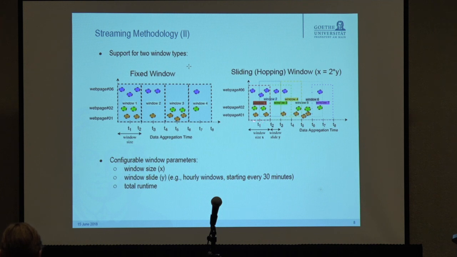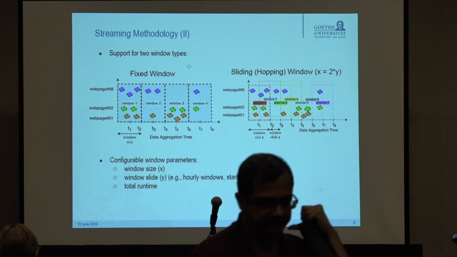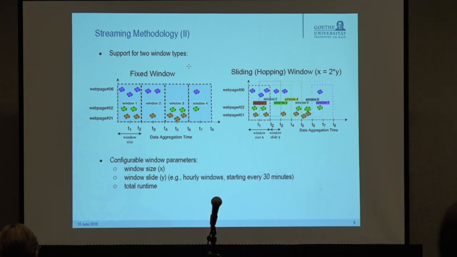For example, here between T1 and T2, the data is in window 1 and at the same time in window 2. Of course, these need to be configurable parameters. So the window size, the window swipe, and also the total execution time, we take as input parameters for the generation of the data stream.